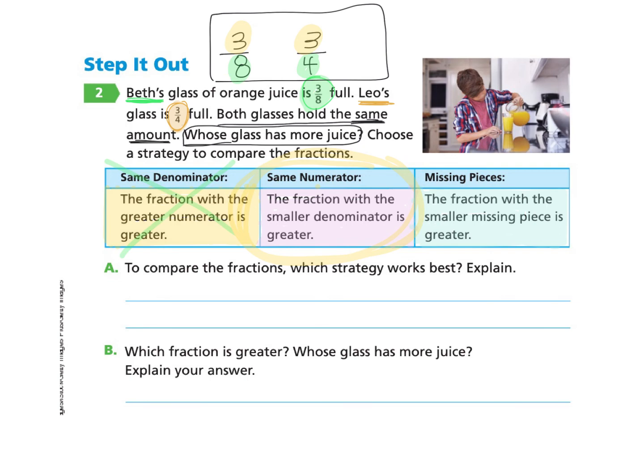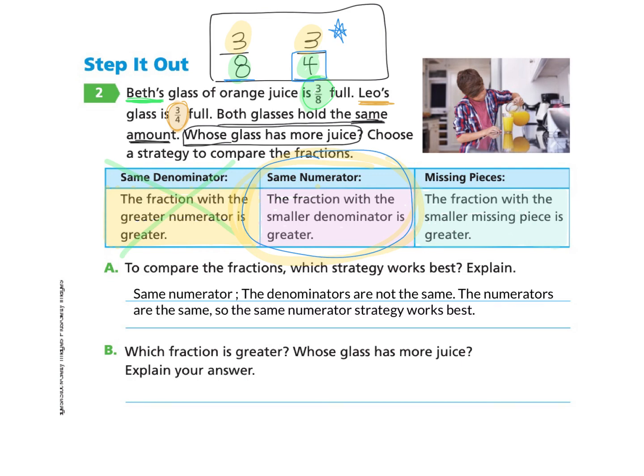Well, we would see that the smaller denominator would be 4 compared to this denominator of 8. So that would mean this fraction would be the bigger one, 3/4, if we use the same numerator strategy. So we can answer that we would use the same numerator strategy. The denominators in this case are not the same, but the numerators are the same. So the same numerator strategy works the best.